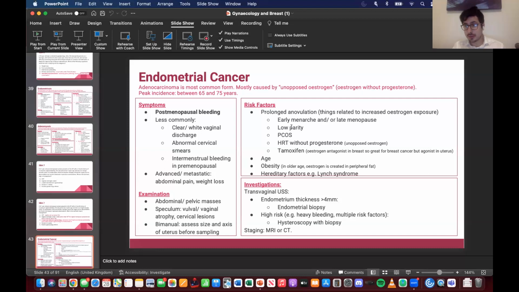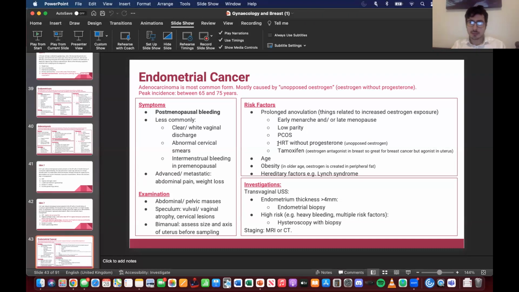PCOS, which we'll talk about, which can disrupt your hormones and lead to increased estrogen exposure, just like early menarche, late menopause increases the period of time in which you could have been exposed to estrogen. Also HRT without the accompanying progesterone, because that is only an estrogen source.